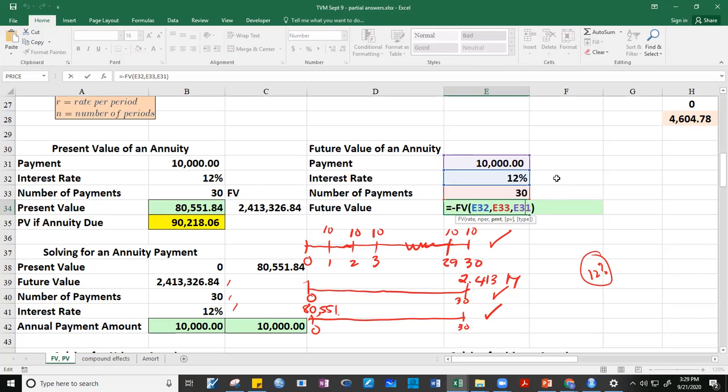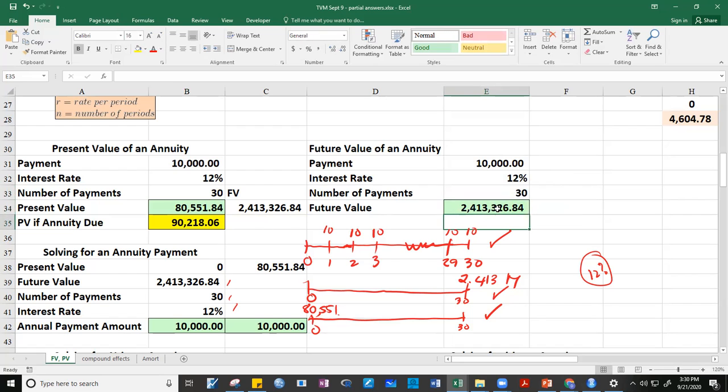Ibig sabihin annuity ordinary. So 10,000 deposited or invested every year for the next 30 years will be equal to 2.4 million at the end of the 30-year period.